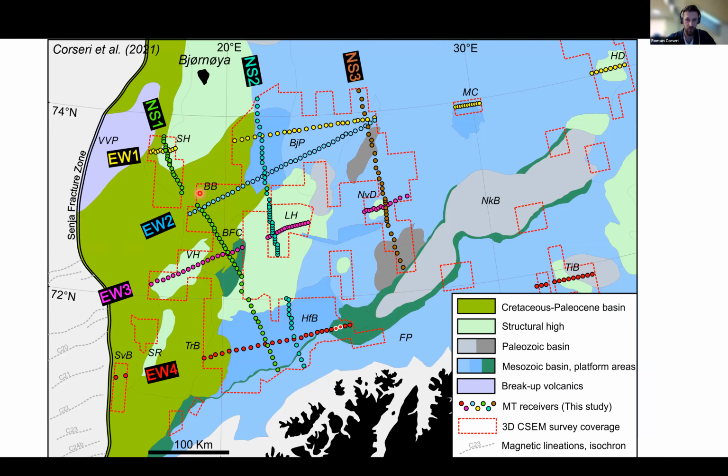And you have here in green some rift systems or basins where the crust has been highly thinned. On the eastern part, you have more of a continental platform and a more stable sedimentary platform. So this is the geological setup of the database.